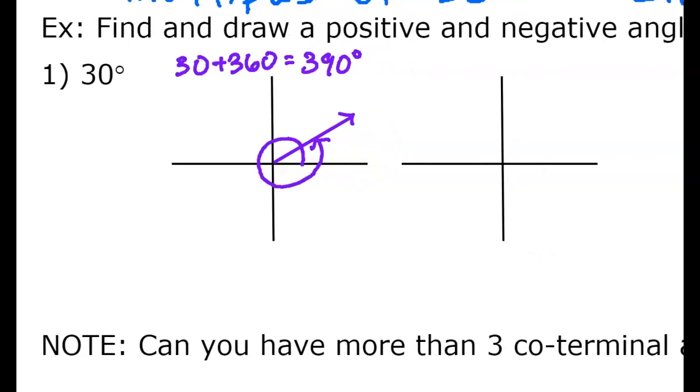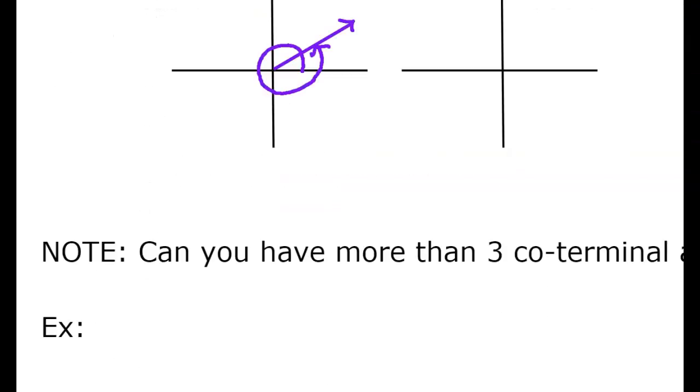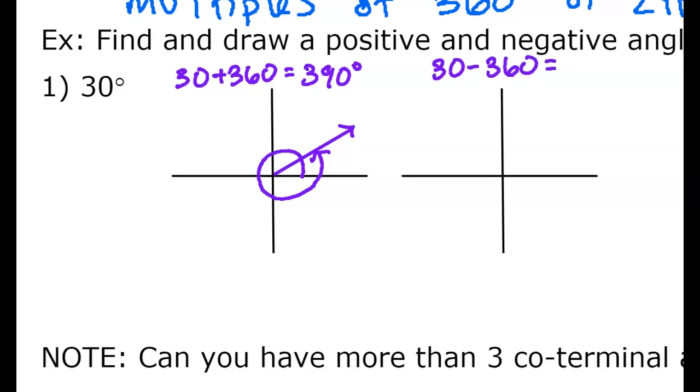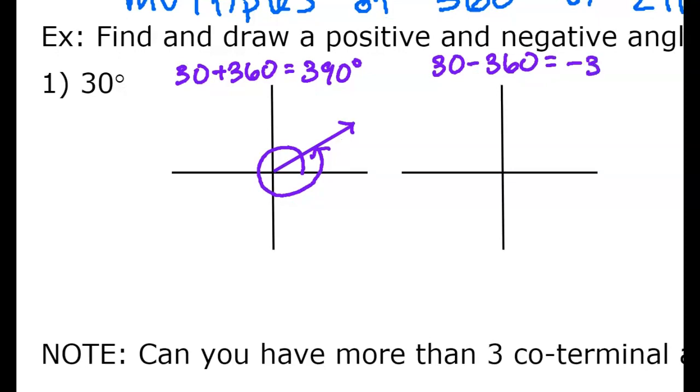Then we're going to find another one by instead subtracting 360 degrees. So 30 minus 360 is negative 330 degrees. And again, you're drawing the exact same vector, that 30-degree angle actually.